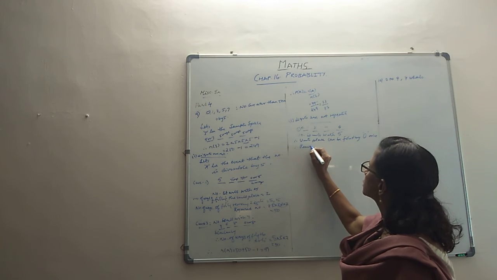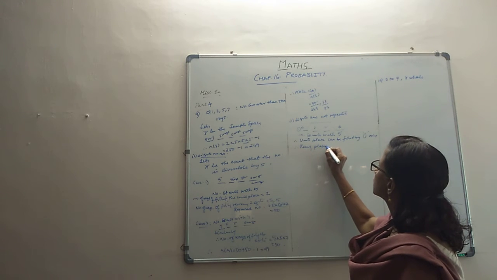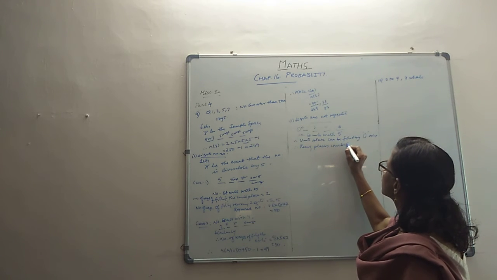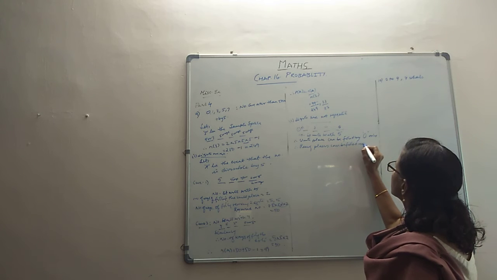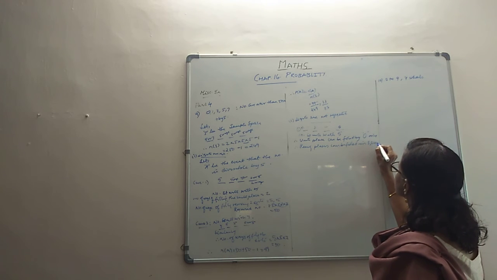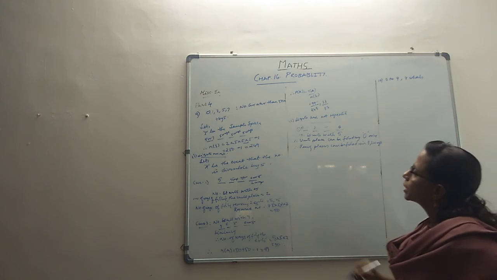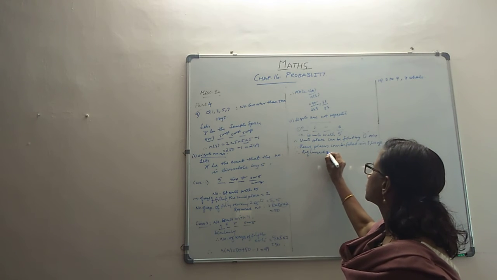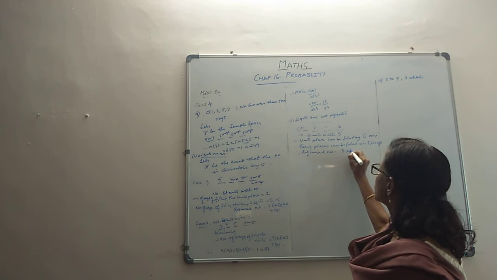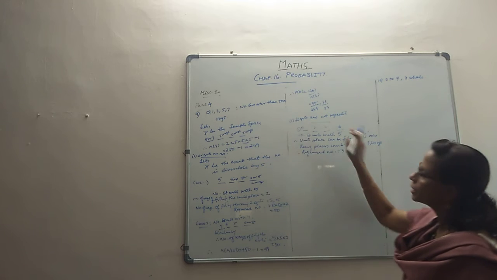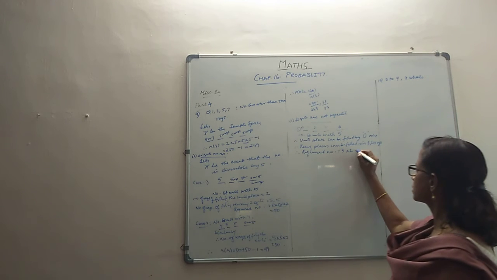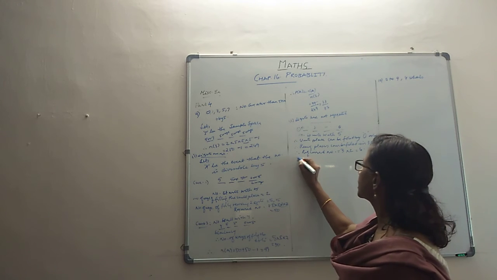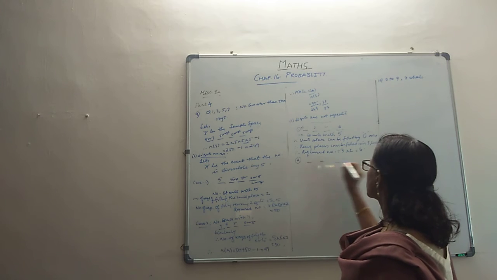Remaining places can be filled in 3, 2 ways. Okay, so required number is 3 into 2, nothing else, because this is also one way, this is also one way. So 6 ways. Now second case, start with 7.